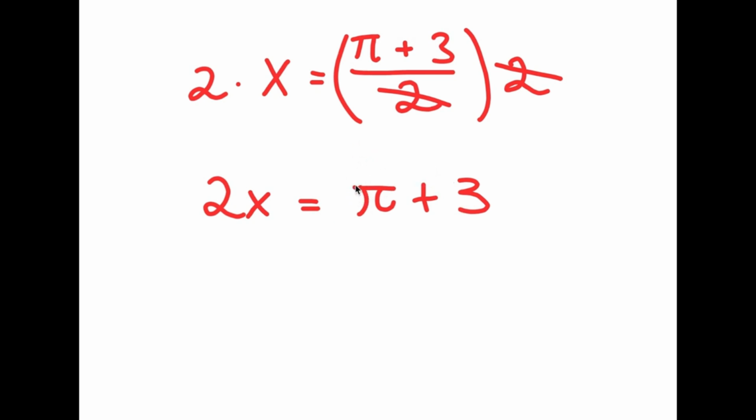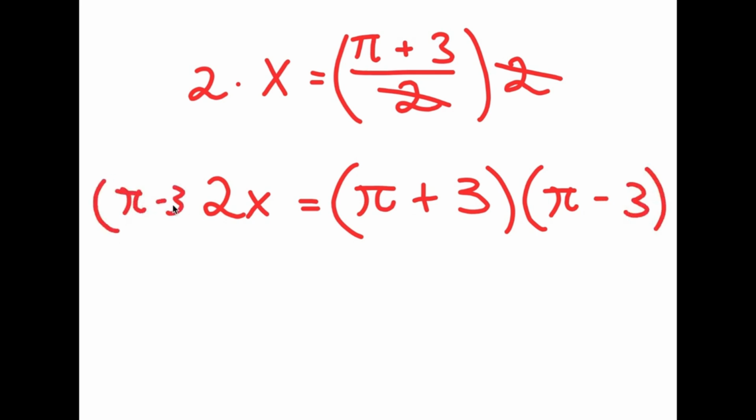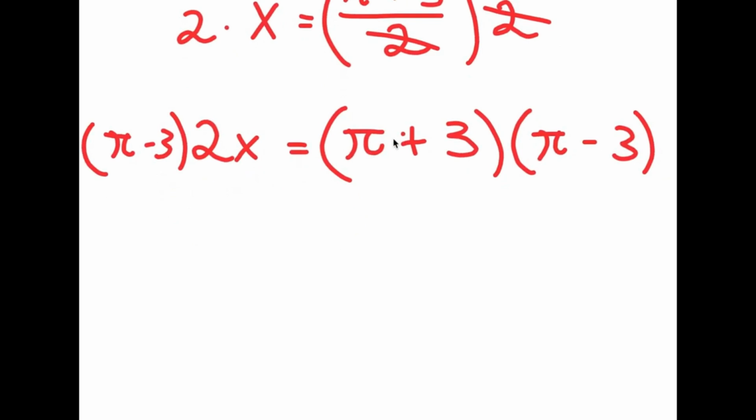Now, from here, I'm going to multiply both sides by pi minus 3. So I have pi minus 3 times 2x is equal to pi plus 3 times pi minus 3.